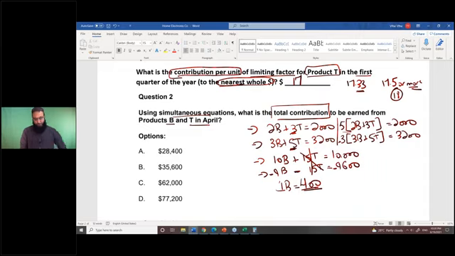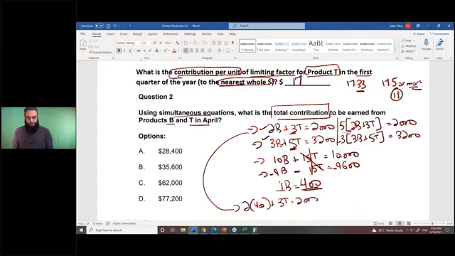Now, once you have found the answer of b, you can find the answer of the other variable using either equation. Just input this number in any of the equations, either this one or this one, and you will find the answer, right? So b is 400. Let's input it in the first equation: 2 times 400 plus 3t is equal to 2000, and you further solve this.